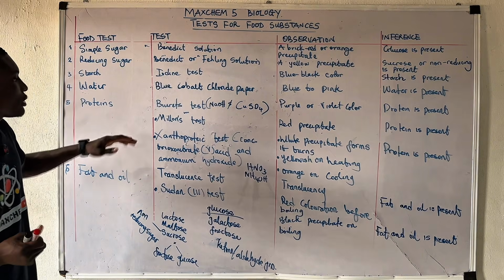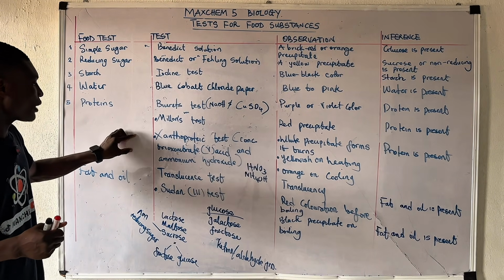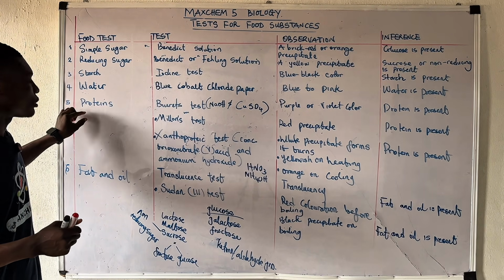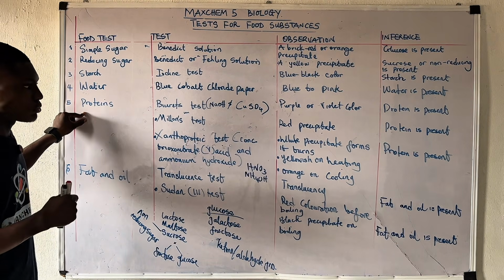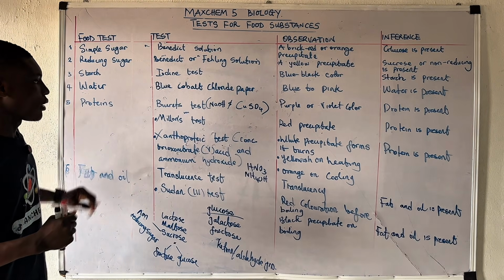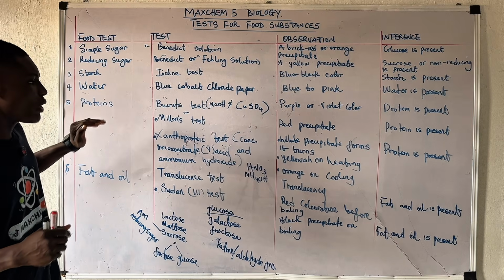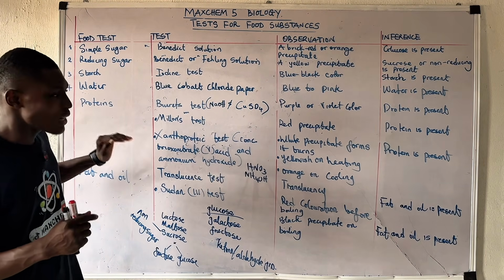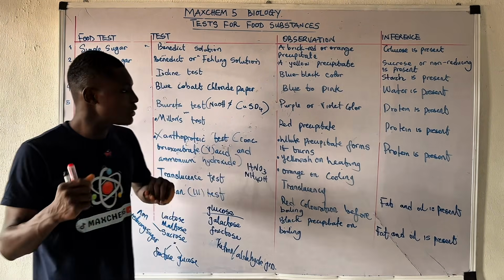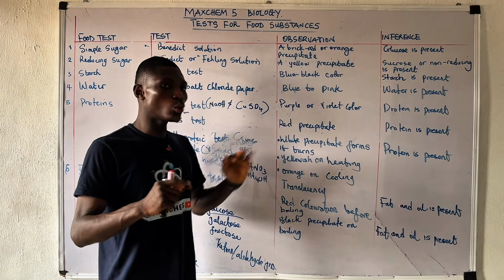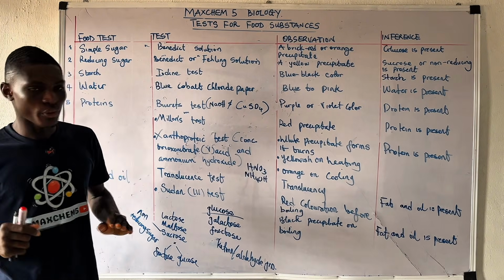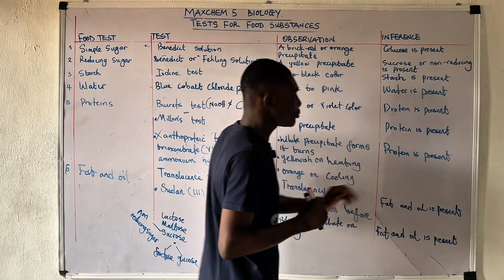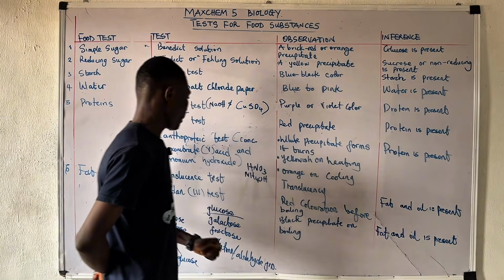When you take this reagent and add it to the solution of protein in the test tube, then you heat, you observe that before heating, there is a white precipitate. On heating, it turns yellowish. Then on cooling, it turns orange. That indicates the presence of protein.